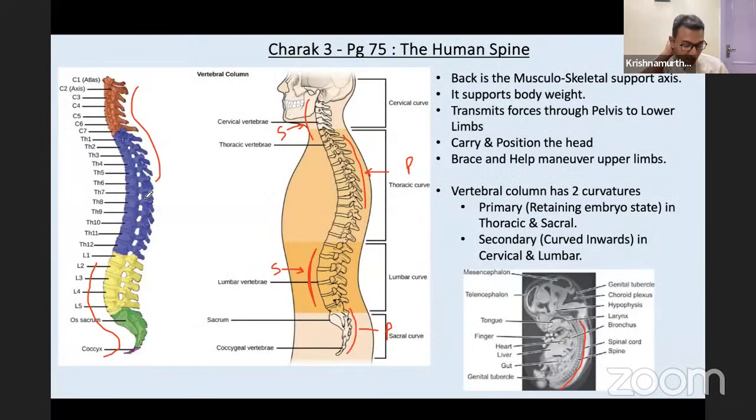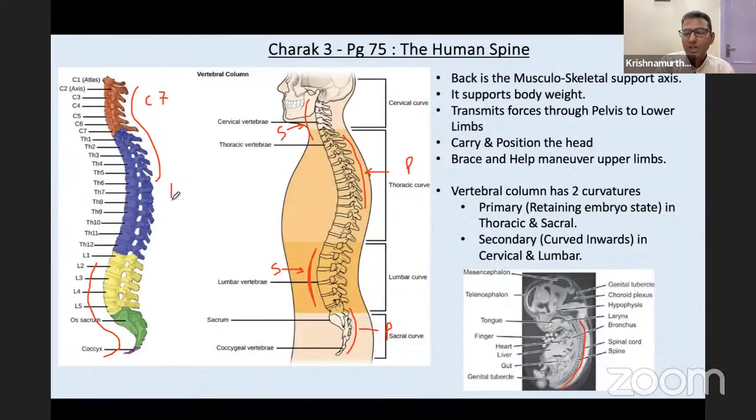So this bony structure, which is the vertebra, is divided into 5 sections. The first one is called cervical, represented by C. Cervical, which is in the neck part, has 7 bones. Next is thoracic.